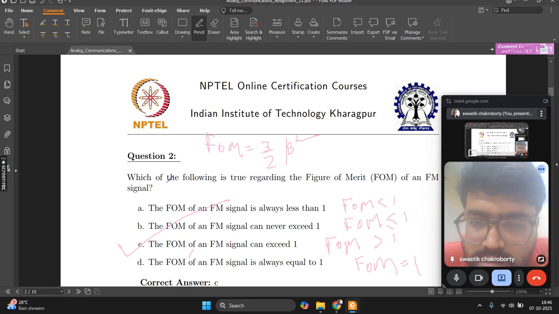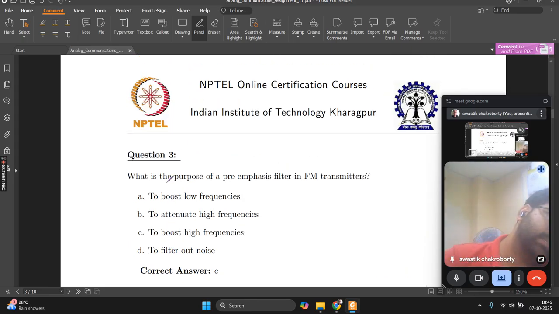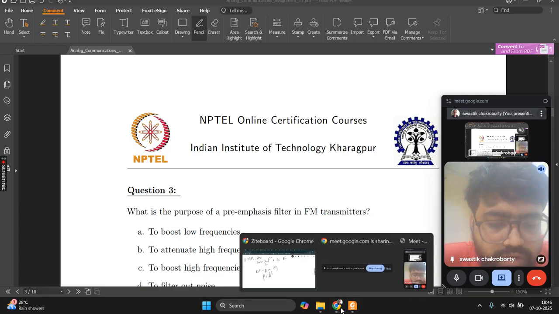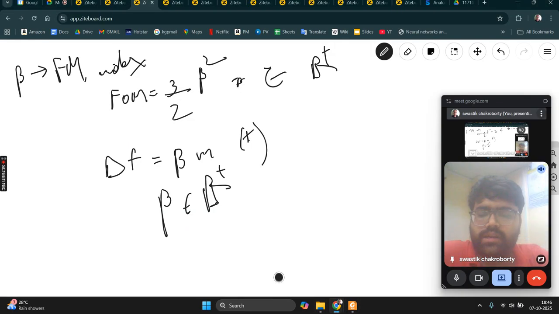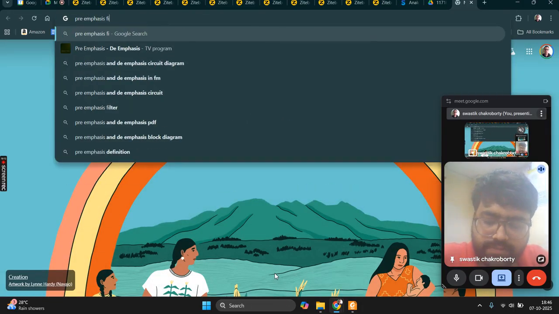Next, what is the purpose of the pre-emphasis filter in an FM transmitter? So this brings us to a new concept called pre-emphasis and de-emphasis filter. So first we will go to the pre-emphasis filter.